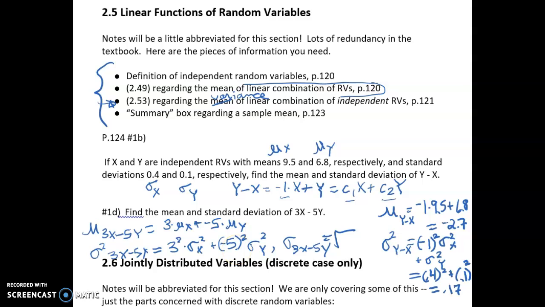It's not too bad. The hardest part is 2.53, remembering the squaring part. We'll talk about that more tomorrow, or in class when we meet.